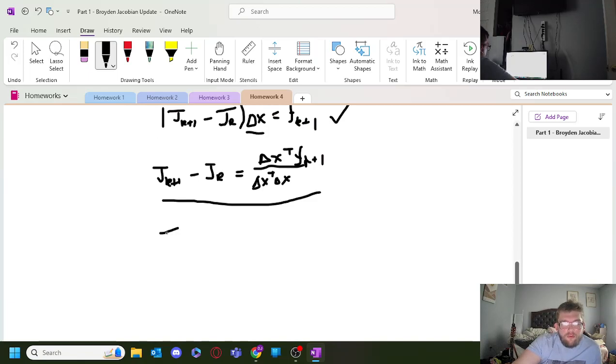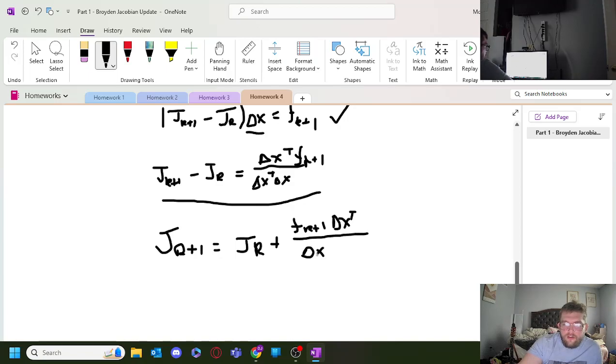We go down a little bit more, so you can see J sub k plus 1 equals the original Jacobian plus f sub k plus 1 delta x transpose over delta x transpose delta x.